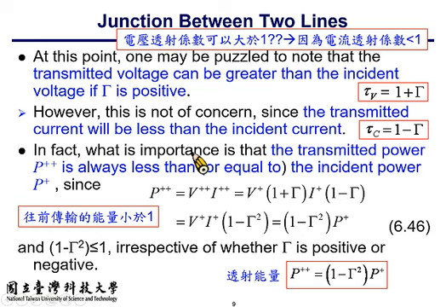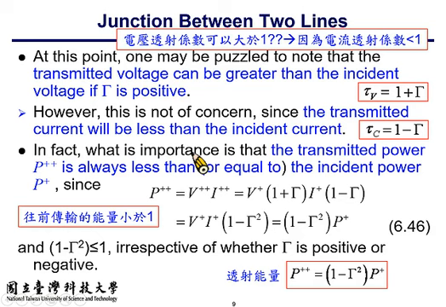And V double plus can be expressed as V plus times 1 plus gamma, the reflection coefficient, and I double plus, okay? So that is the current transmission coefficient that we skipped, that you can find in the previous slide, can be expressed as I plus times 1 minus gamma. And I plus can be replaced with V plus over Z sub 0.